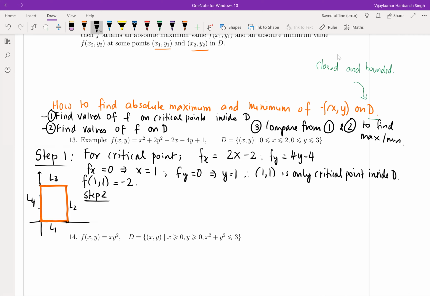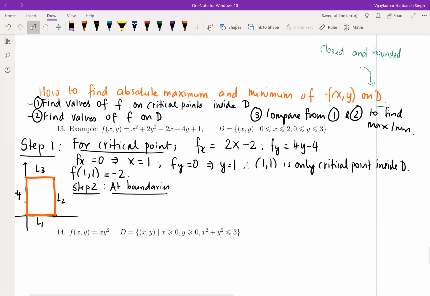Now step 2, we are interested in what? At the boundaries. So along L1, what do we get?